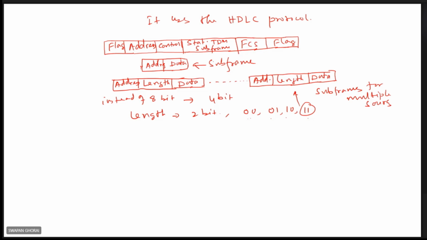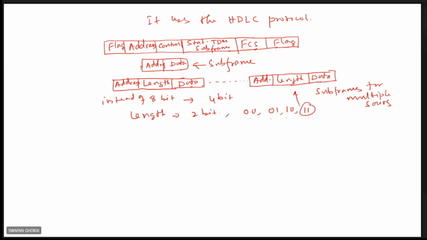You'll see modern modems: BSNL modems, ADSL modems, HDSL modems, cable modems. In all those cases, statistical TDM is used, because there will be no empty time slots, and it can accommodate more devices compared to synchronous TDM.